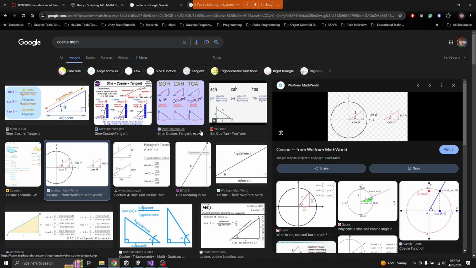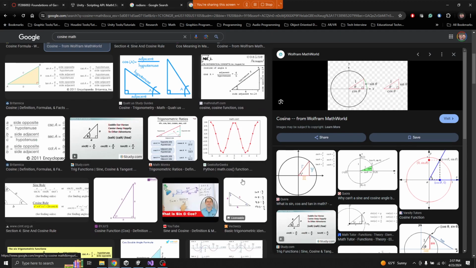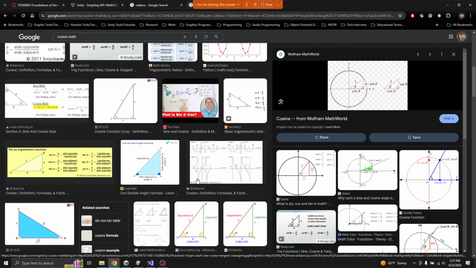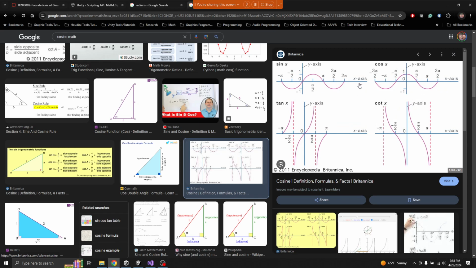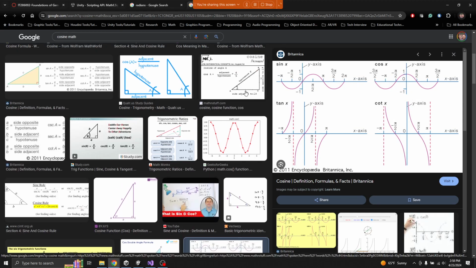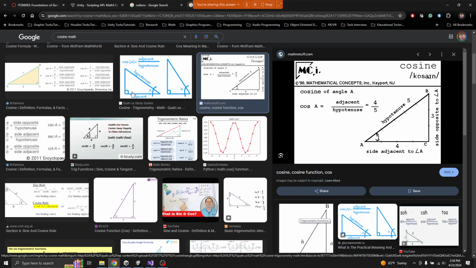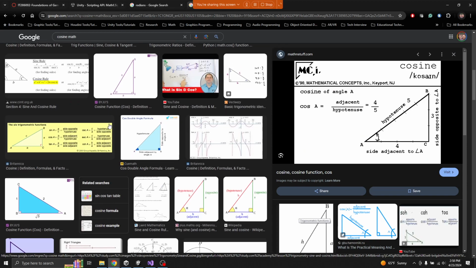The numbers for sine and cosine always move up and down between negative 1 and 1. Yeah, here we can see our waves. This is the sine wave, this is the cosine wave. So cosine is really measuring, oh, I lost my nice little graphic I liked.